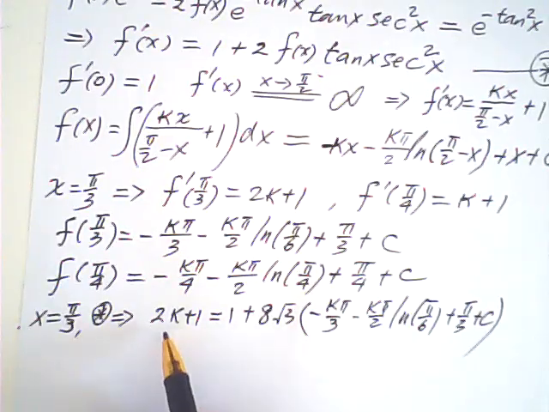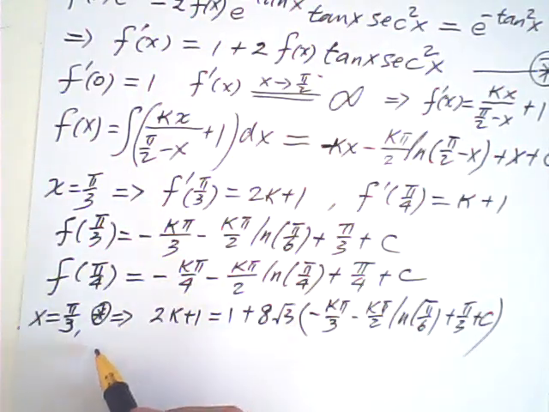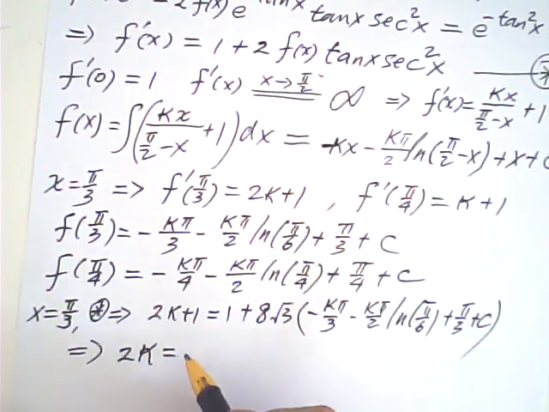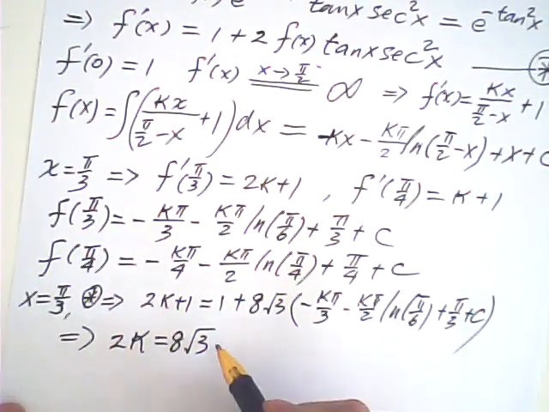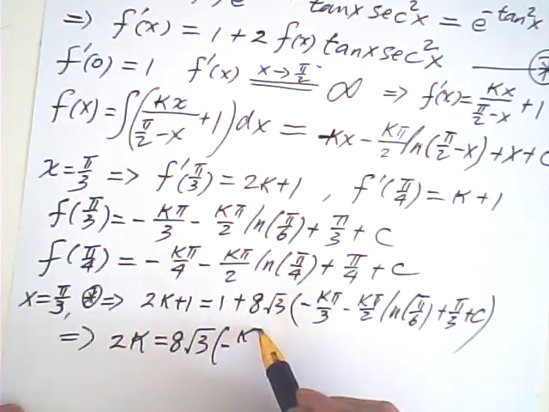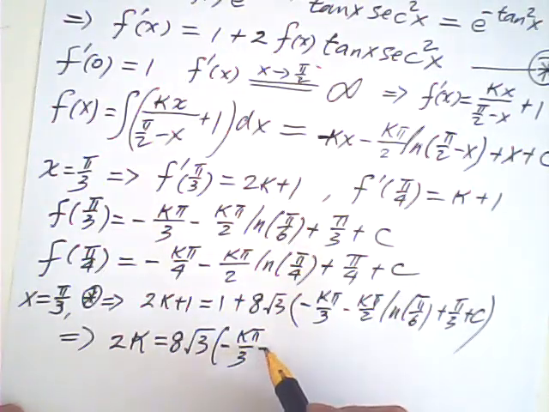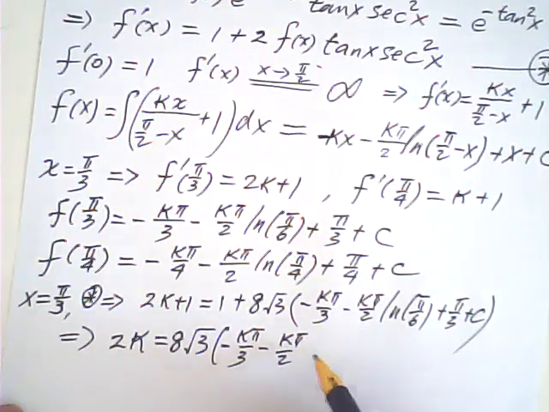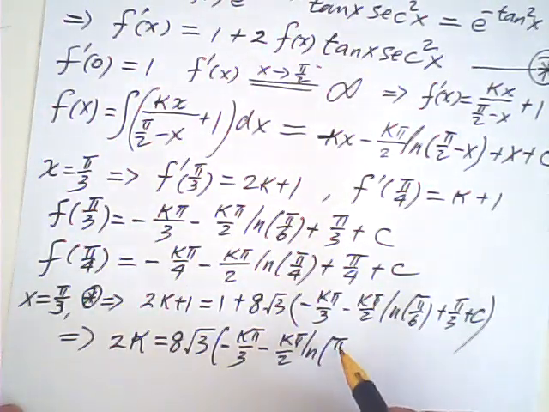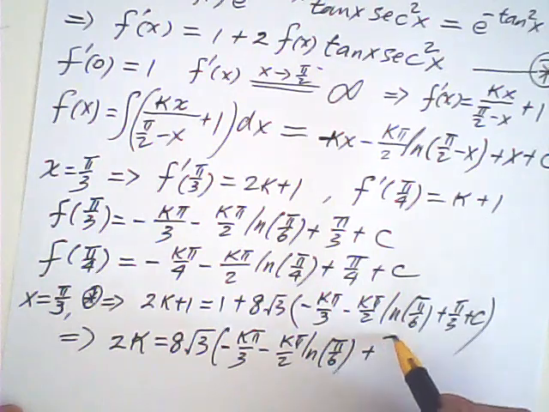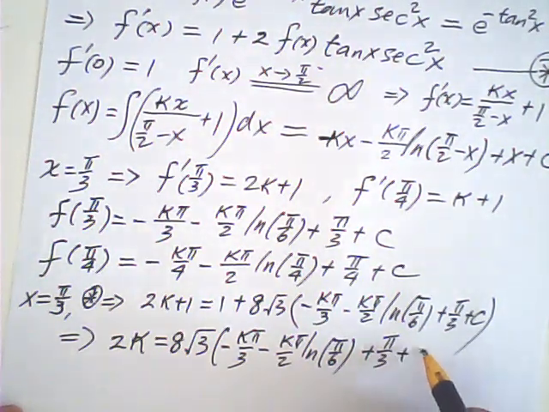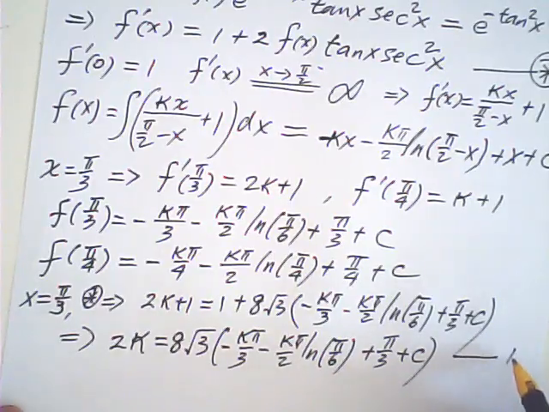Okay, then I can simplify by canceling 1. Therefore, this is 2k is equal to 8 root 3 times minus k pi over 3 minus k pi over 2 log pi over 6 plus pi over 3 plus c. I call this equation 1.